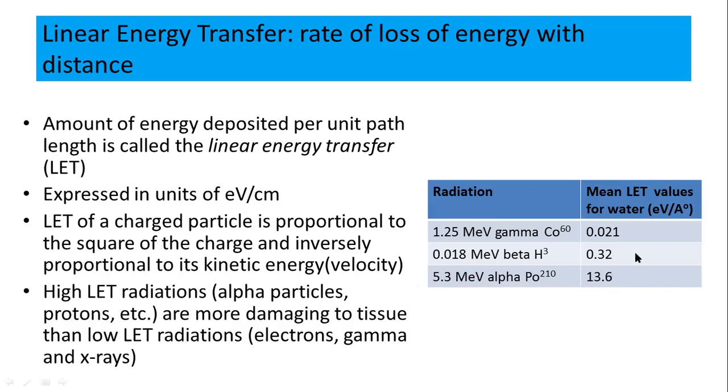That means their LET is more, the ionization power of the alpha radiation inside the material is more, and it is going to damage the tissue more than the beta, and beta more than the gamma radiation. So you must be very careful if you are working with radiation. This is all about the linear energy transfer, or the rate of loss of energy with distance, in the case of the alpha, beta, and gamma radiation. See you in the next video.